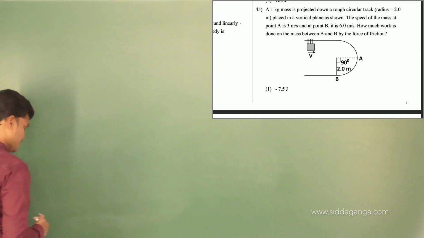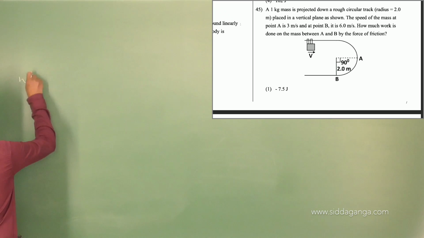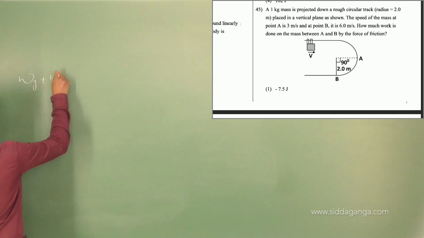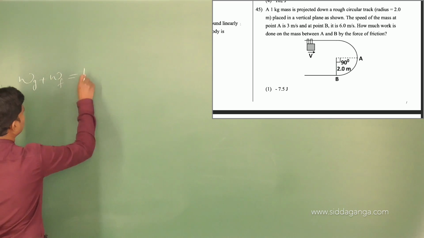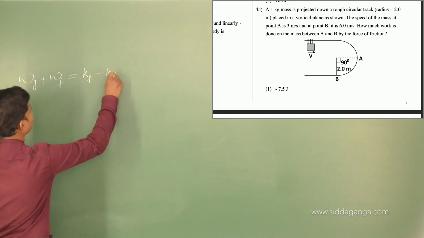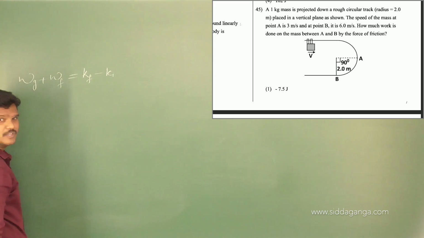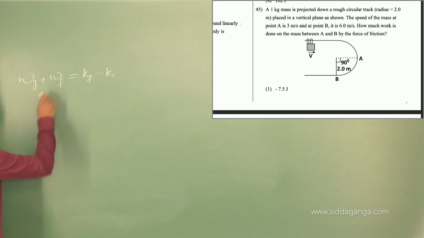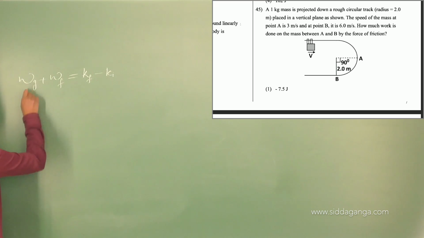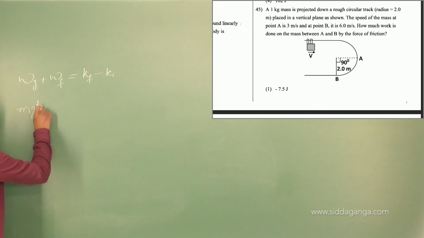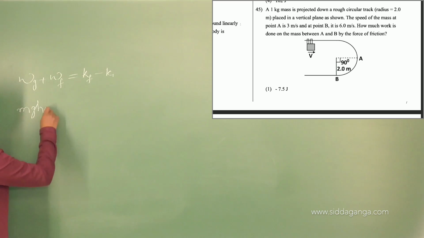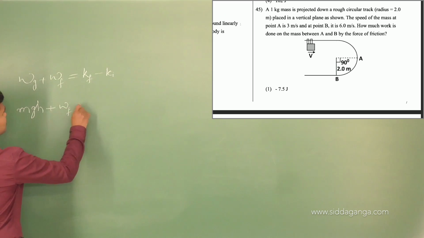So let us use again a direct formula. Work done by the gravity plus work done by the friction is equivalent to Kf minus Ki. Then it's completed now. Target is to find the work done by the friction. By the gravity, very clear, mgh. Friction is our target.